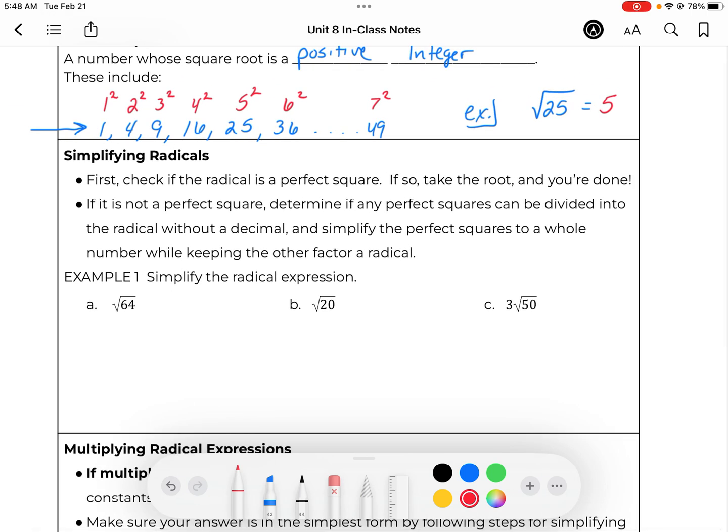Okay, so we've got our list of perfect squares. I'm going to condense this and go ahead and finish out our list.